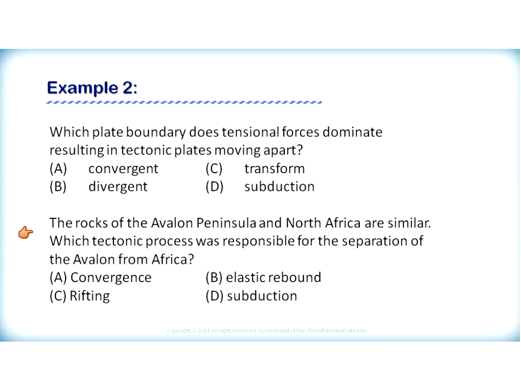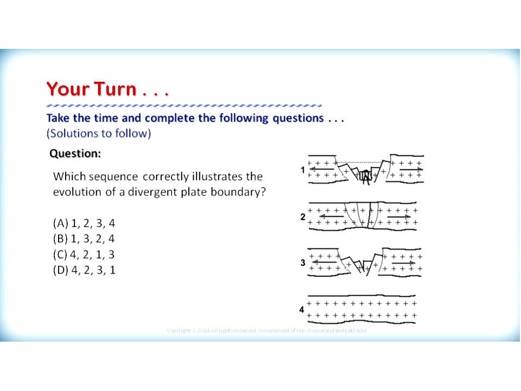When they split apart, the land masses rifted. So rifting is a process that explains why the Avalon Peninsula and rocks in North America would be similar, because at one time they were in close proximity to one another. So the answer to this question would be C, rifting.